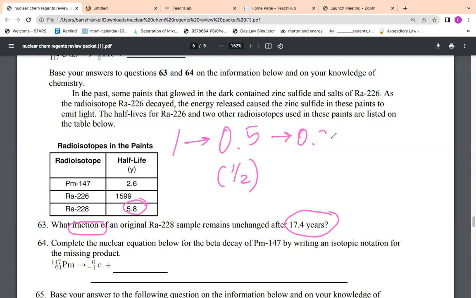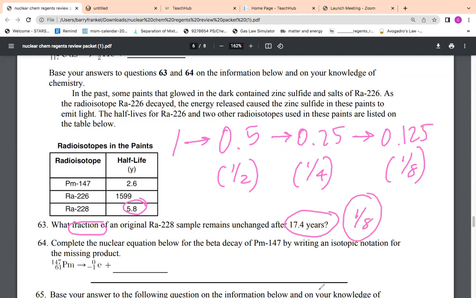After another, I'll have 0.25, a quarter of what I started with. And after a third, I will have 0.125. This is 1/8 of what I started with. It doesn't matter if you made this number 100 or 57,000. After 3 half-lives, you'll always have 1/8 of what you started with. So the answer for this one is 1/8.